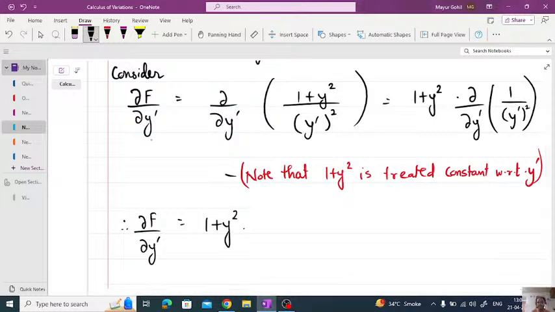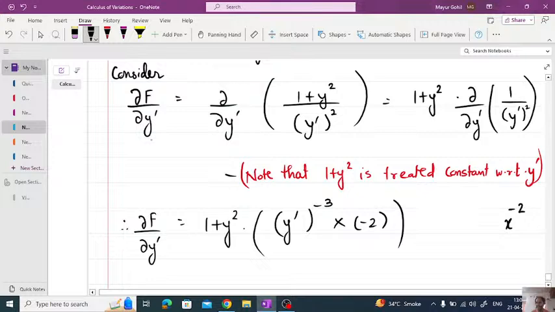Now, how much is the derivative? When you take this in the numerator, it is minus 2, right? So here it is y dash raised to minus 3, into minus 2 is what you will get. It is basically the derivative of x raised to minus 2, which is minus 2 into x raised to minus 3.